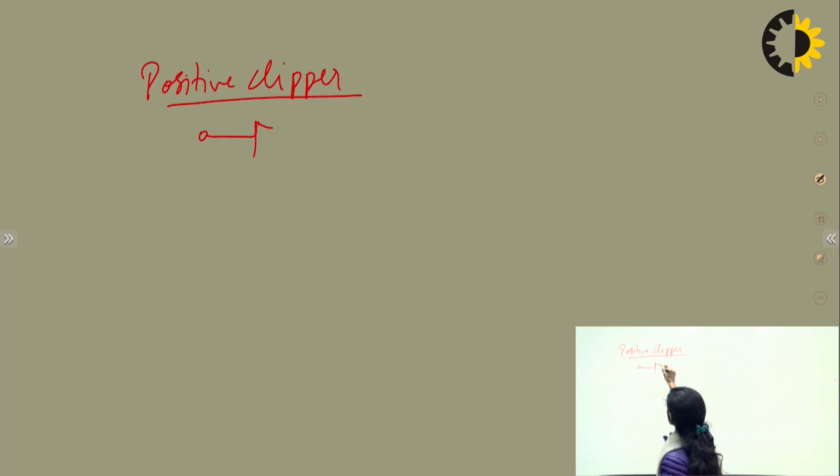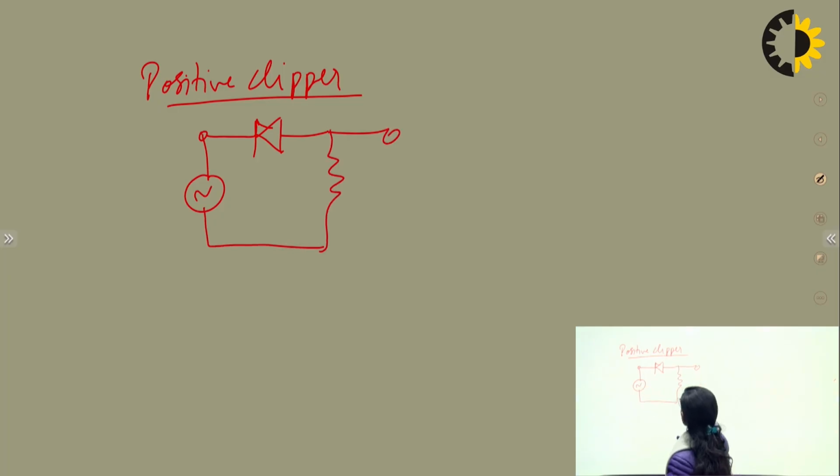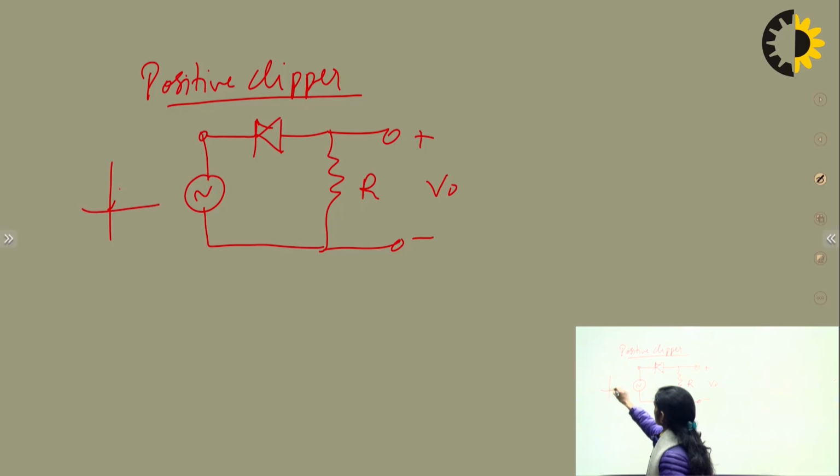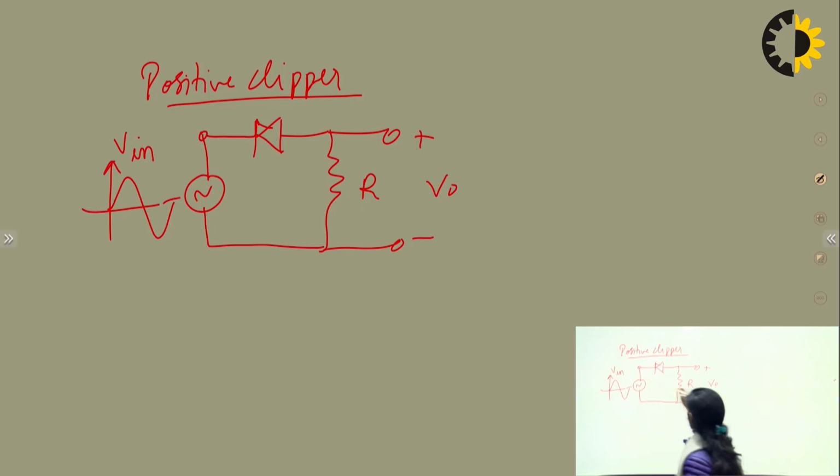The diode is connected in this way, the signal is given here, a resistor is connected, and the output is taken across the resistor. This is the input V in, and we get the output here.